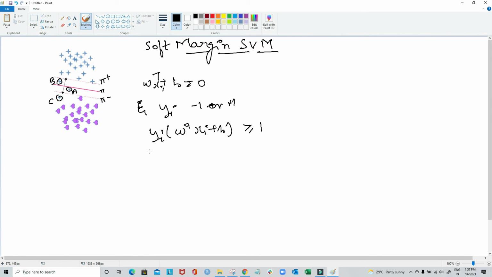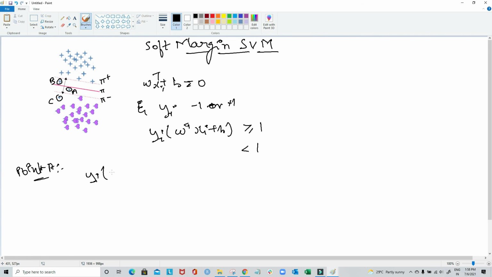Using this as our basis, we can find for point A, we know this distance is called the margin, right? Now this is on this side of pi, and it's between pi and pi minus. So we can say this product yi into W transpose xi plus b equals minus 0.5, because we know this is plus 1 and minus 1.